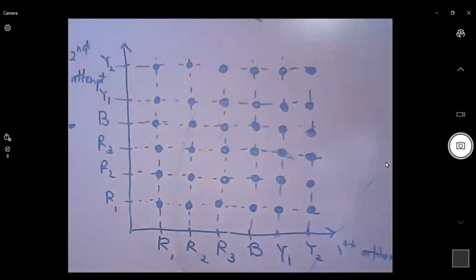What is the first question? First one in the textbook: the first bead being red and the second bead being yellow.